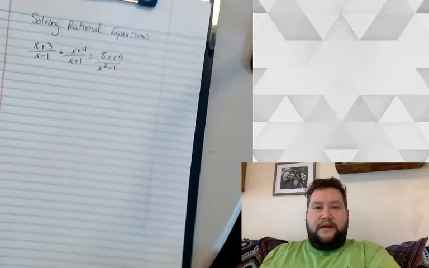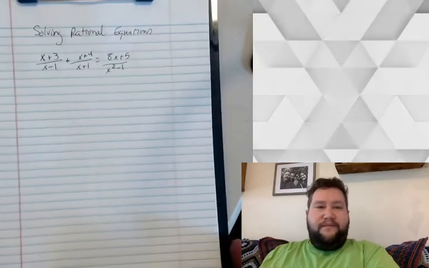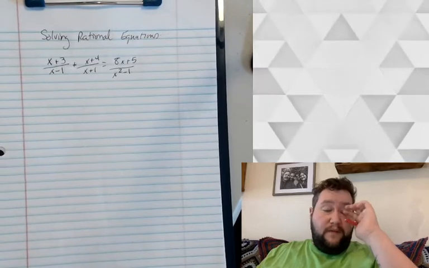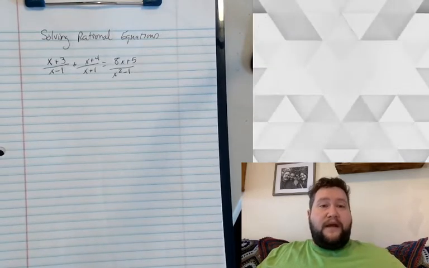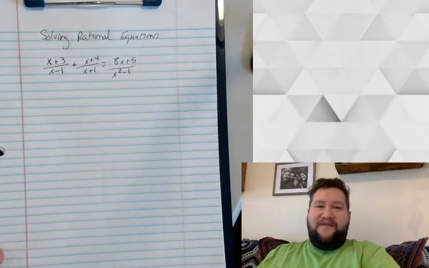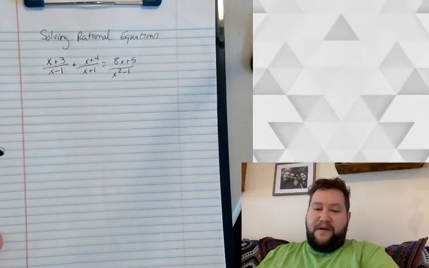Sorry, that's a little crooked. Let me see if I can fix that. There we go. Where we have x plus 3 over x minus 1 plus x plus 4 over x plus 1 equals 8x plus 5 over x squared minus 1.